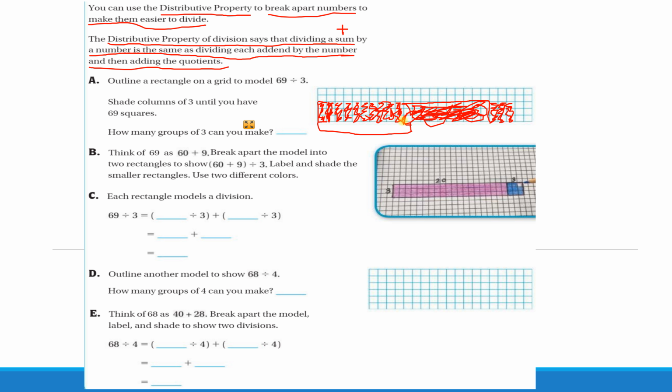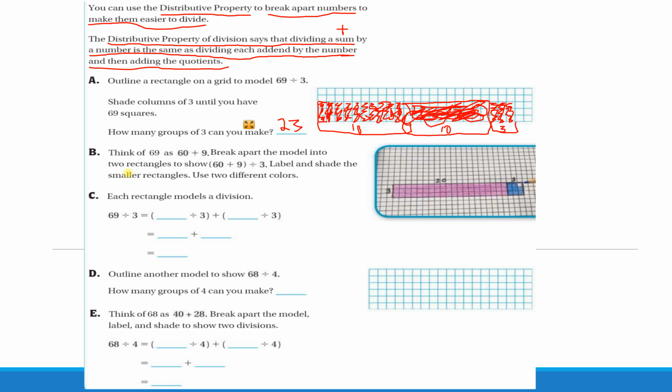To here was 10. So from here to here was another 10. So that's 20. And then from here to here is 3 more. So we made 23 columns. 23 groups of 3. 10 here, 10 here, and then that last 3 to get up to 69. That was a total of 23 groups of 3.